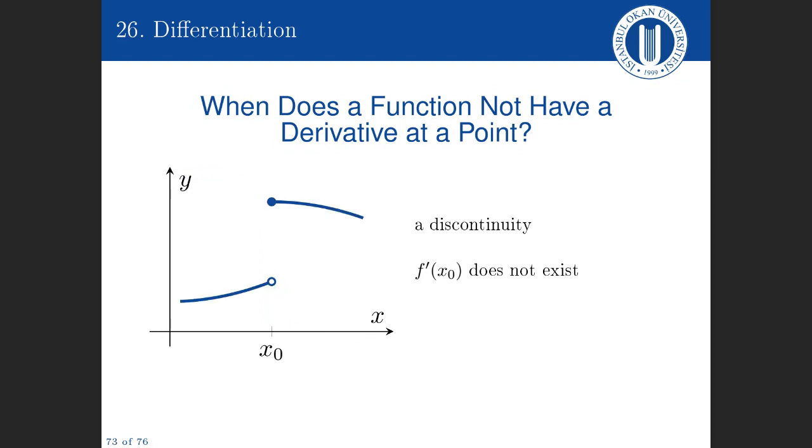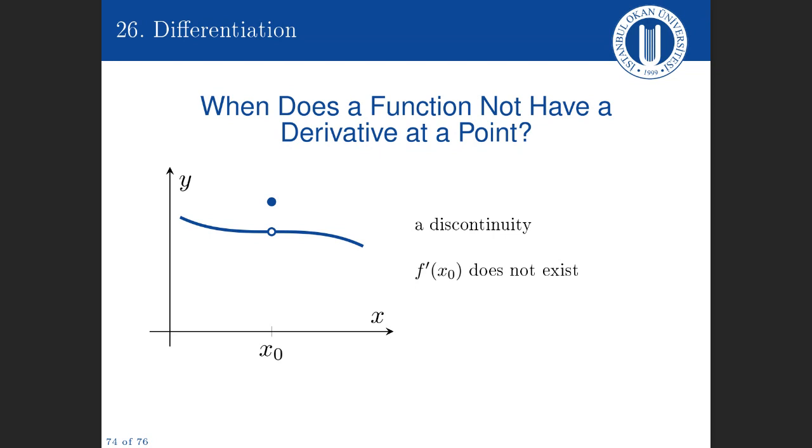If there's a discontinuity like this, then f prime at x0 does not exist. Or if there's a discontinuity like this, then f prime at x0 does not exist. So if there's a discontinuity, then the derivative does not exist.